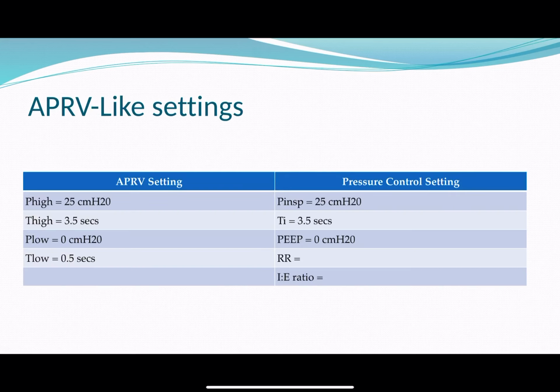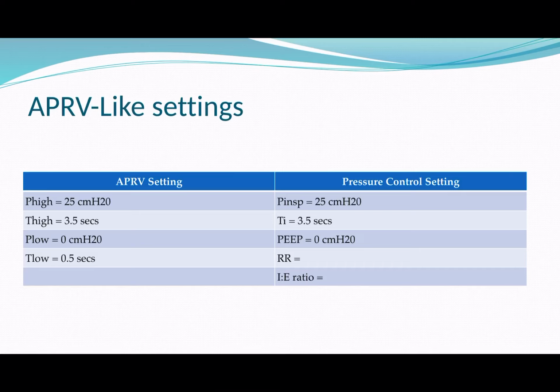So, when you're setting up a ventilator, let's say, for example, you look at the left-hand side of this table. You have a patient who's on an APRV setting with a P high of 25 centimeters of water, a T high of 3.5 seconds, a P low of 0, and a T low of 0.5 seconds. So if you wanted to replicate that on an anaesthetic machine, what would you do?